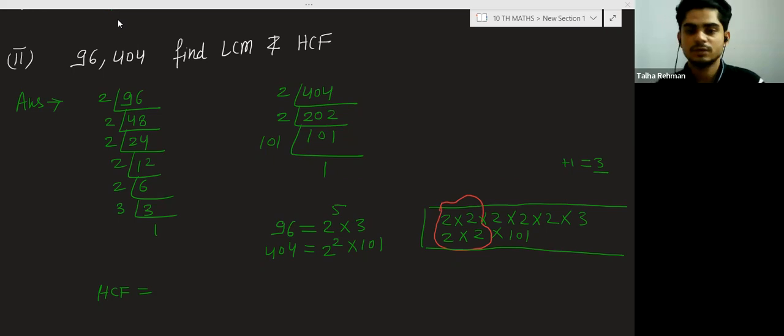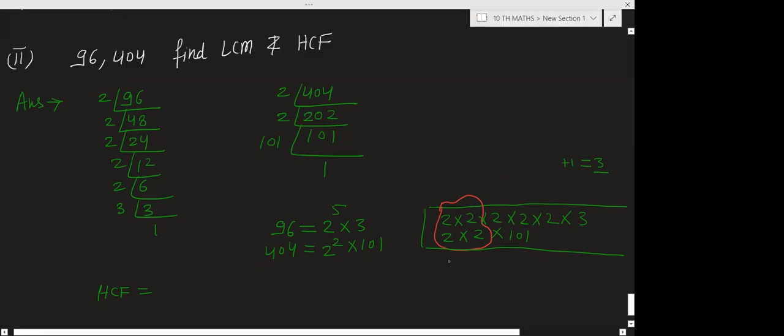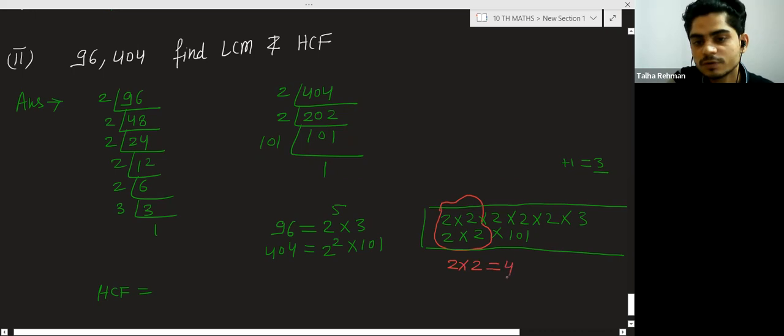So Azaan, you can see here that the common part is this 2 and this 2, means 4. 4 is HCF. So this is also a way. What is common here? 2 to the power 2 is common.